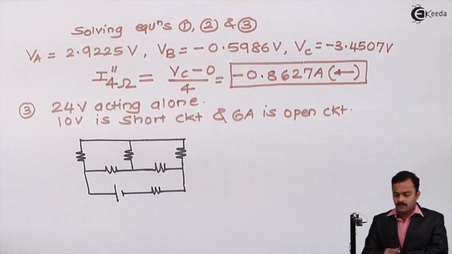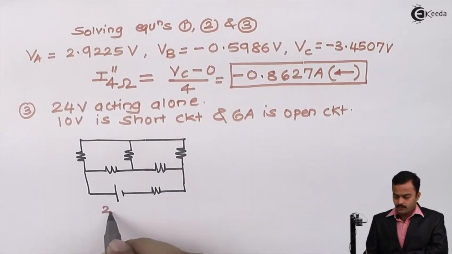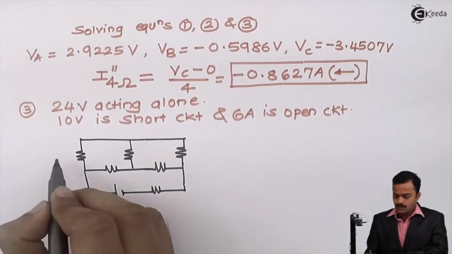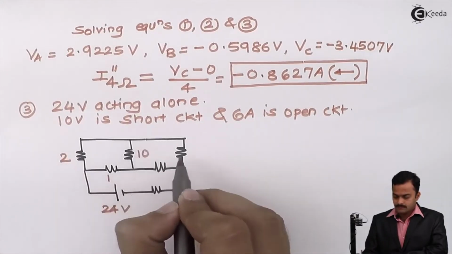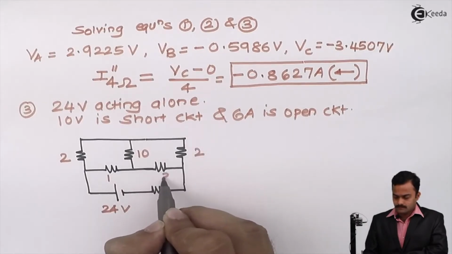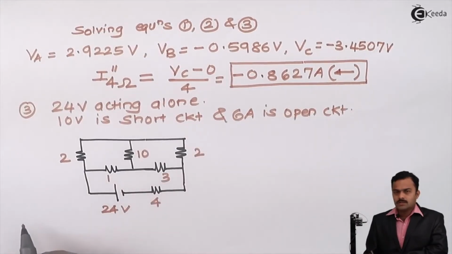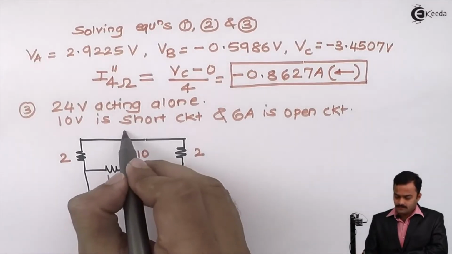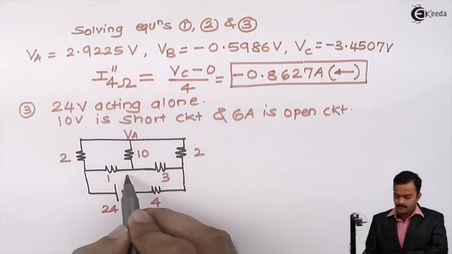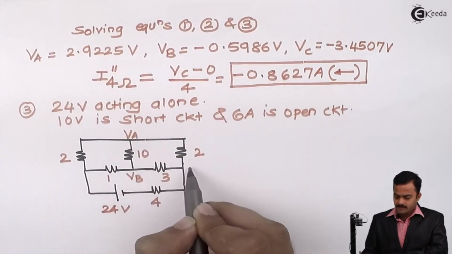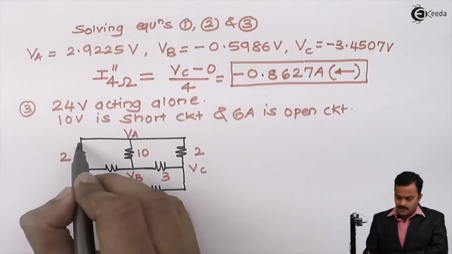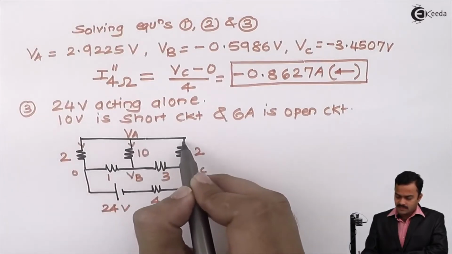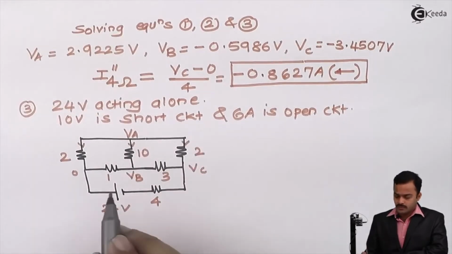It is having a voltage source of 24 volt and all the resistance will remain intact. So let's use the same concept, Va, Vb, Vc, reference, and let's mark all branch currents same as the previous two cases.